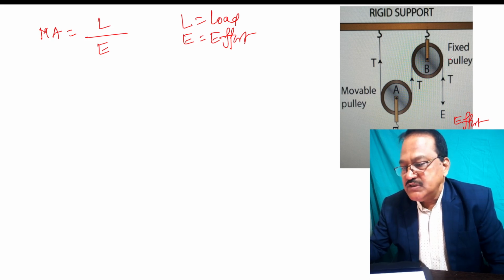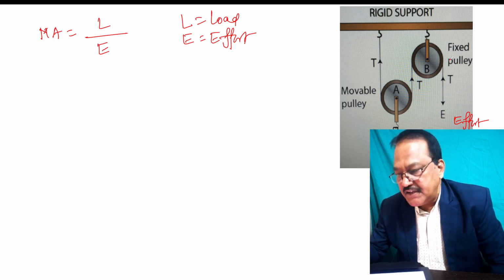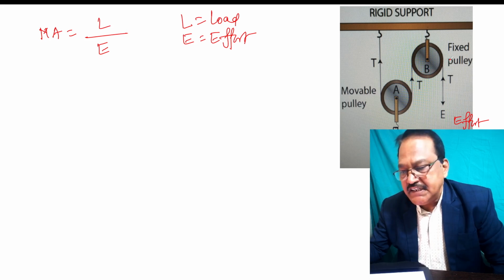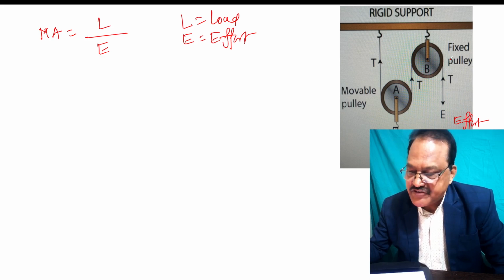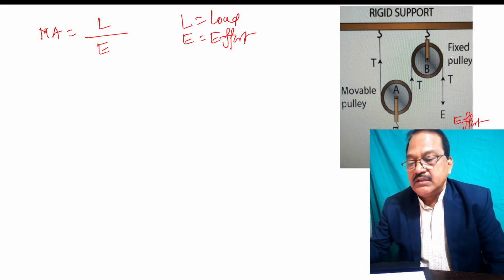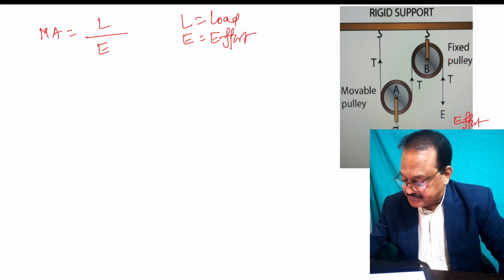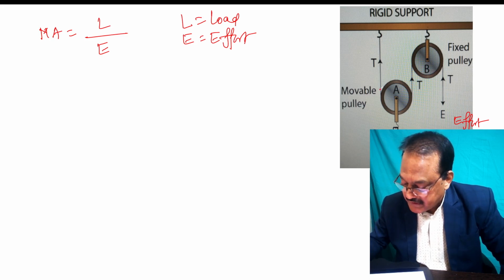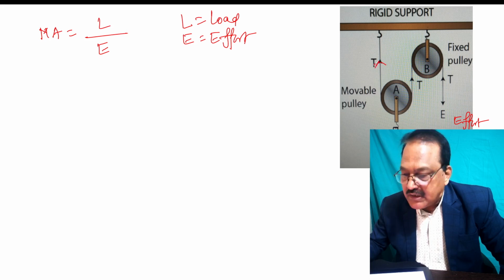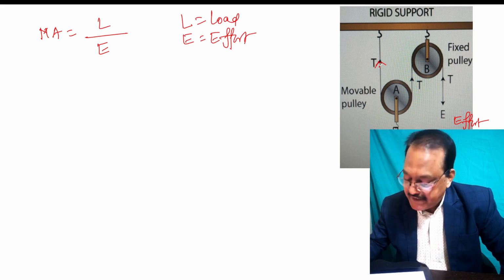As we know, if a single string is used, there is no change in the tension in the string. Everywhere the tension in the string will be the same. That's why, see here, this is the direction of the tension. What we have written here, T. Same tension is there in this string here also, but in upward direction.